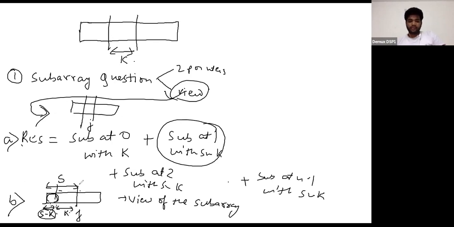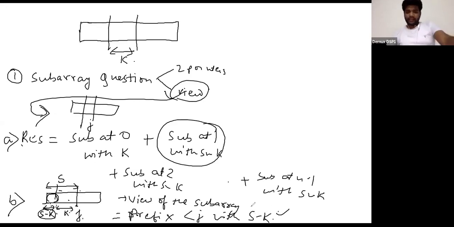So basically, the total number of subarrays ending at J with sum K is equal to the total number of prefix arrays before J with sum S minus K. This is what I wrote down from the view of the subarray that I gave you. This is part B. I just use the view to arrive at a property that I am searching for amongst the prefix subarrays, right?